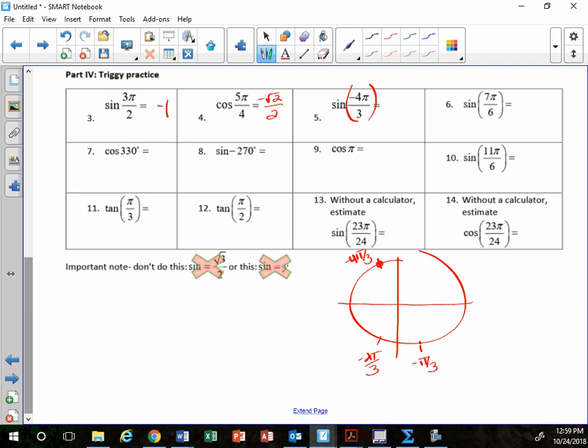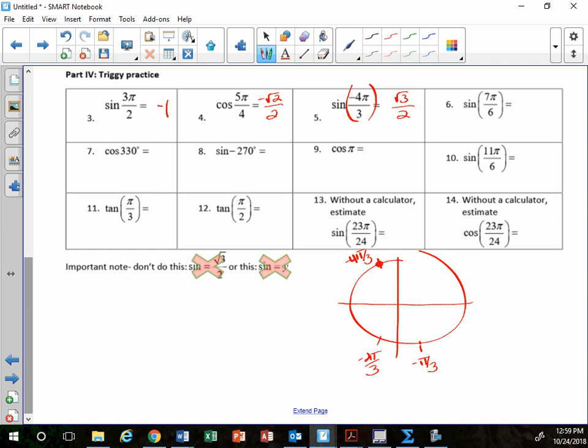Remember coterminal angles? That's the same spot as 2 pi over 3. It's the sine of it, so do I want x or y? Y. What is the y value at that point on my circle? Okay. Do you guys see why knowing the circle is going to be pretty important? Yeah, these are kind of hard to evaluate if you don't know your circle.